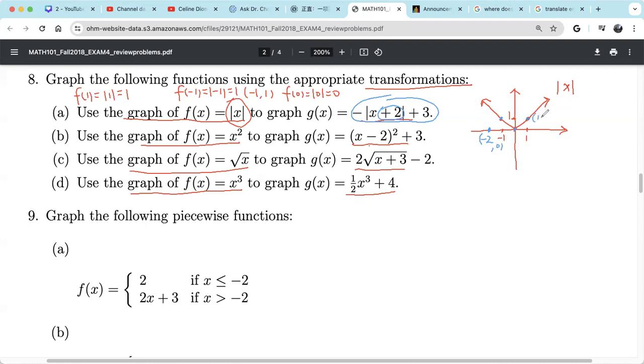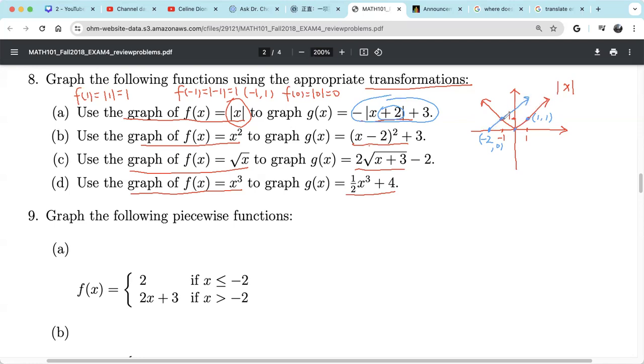The 1, comma 1 point, 1 minus 2, because we're pushing to the left, gets -1. So this point is pushed to this point. You see this red branch being pushed to the blue color.